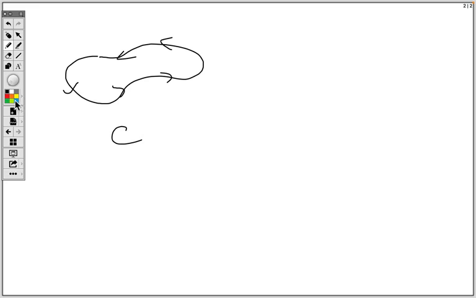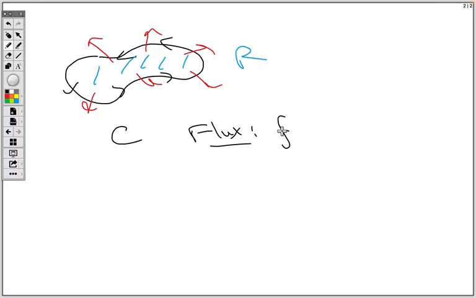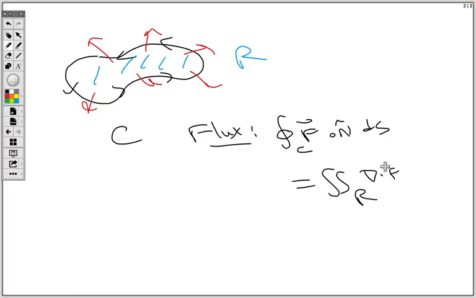We had our curve C, we had our region R, and we were looking at the outward flux from this region across C. It was a double integral over the region R of the divergence. Right, so that was 2 dimensions.